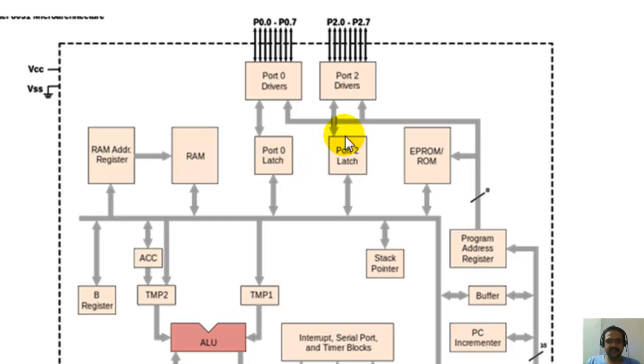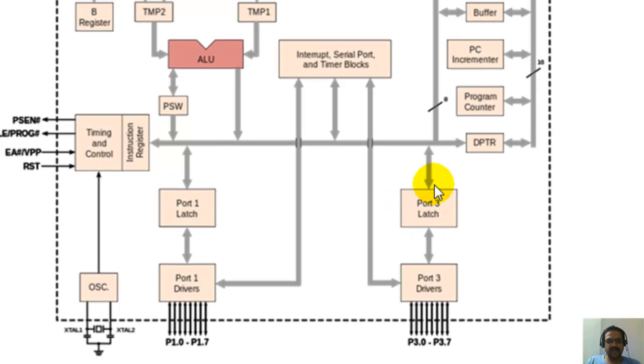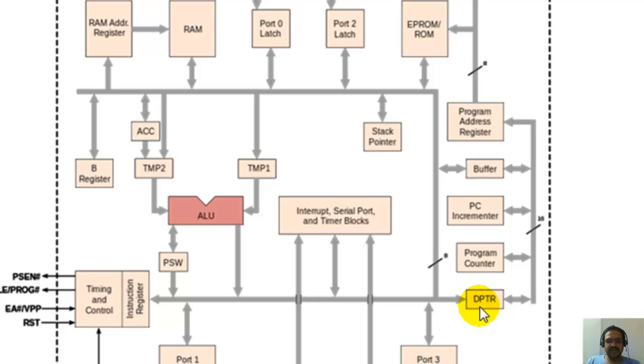Each port has its respective latch to hold on to the data temporarily so that the data is not lost. You are already familiar with the DPTR and its functionality. As usual, as you find in any other controller or processor, you have the program counter, the PC incrementer, then the program address register, you have your ROM, you have your RAM.